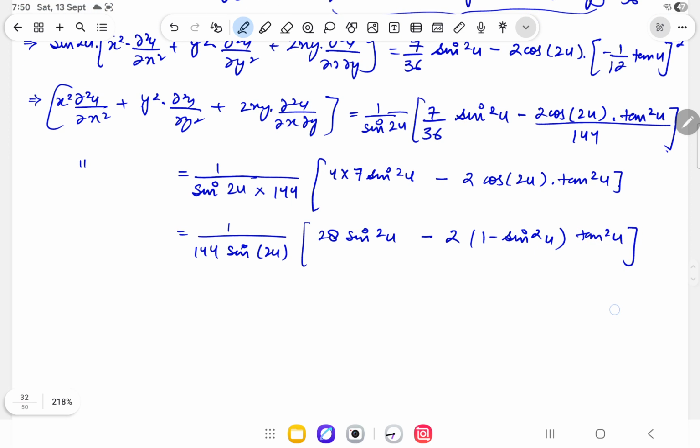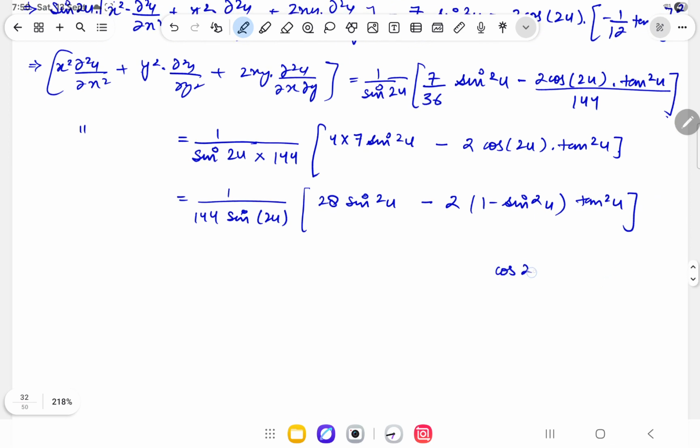So I got this because we know that 1 minus cos 2u is 2 sin square u. So from here if I find out the value of cos 2u, that will be basically 1 minus 2 sin square u. It will be 1 minus 2 sin square u.